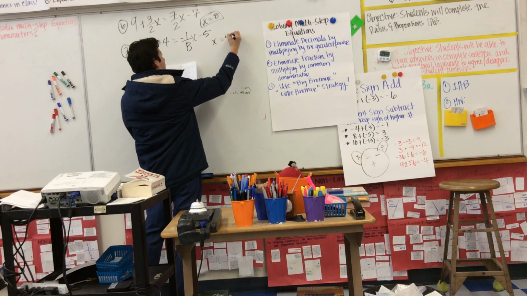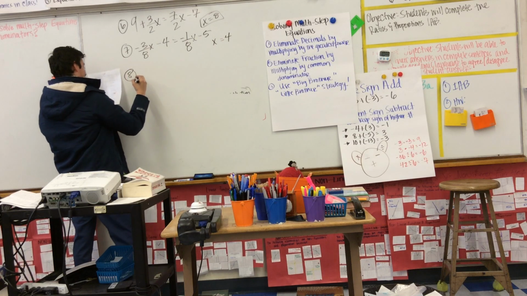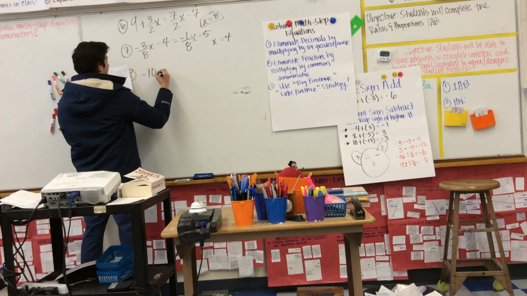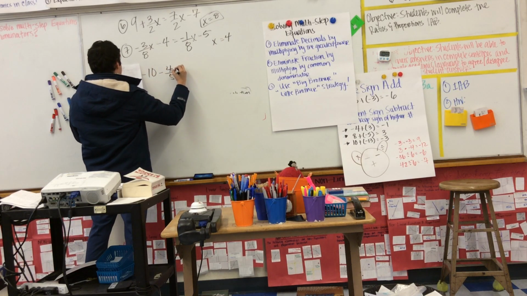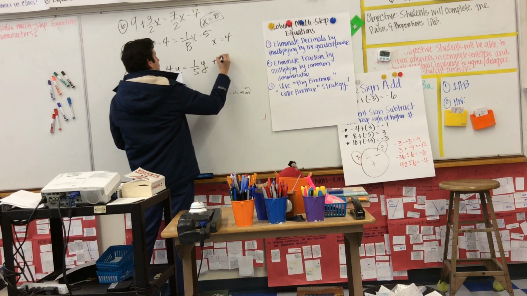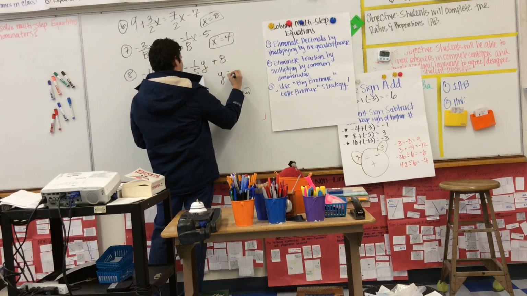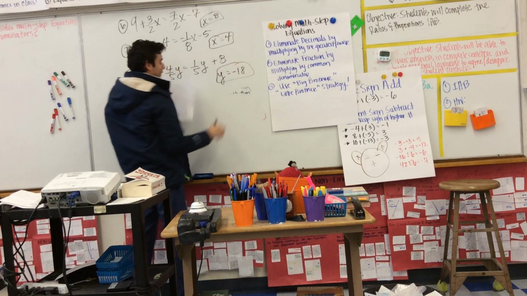The answer is 4. Number 8. Negative 10 minus 4/5 y equals 1/5 y plus 8. The answer is y equals negative 18.